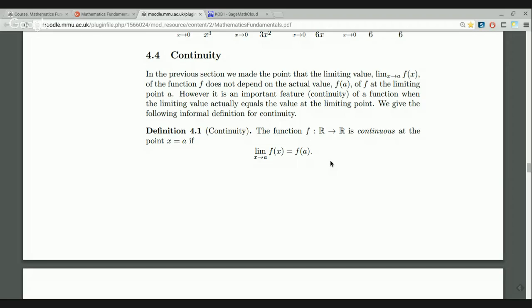I always have trouble spelling the word discontinuous. U-O-U-S. Discontinuous at x equals a. We might, however, describe this though as piecewise continuous.